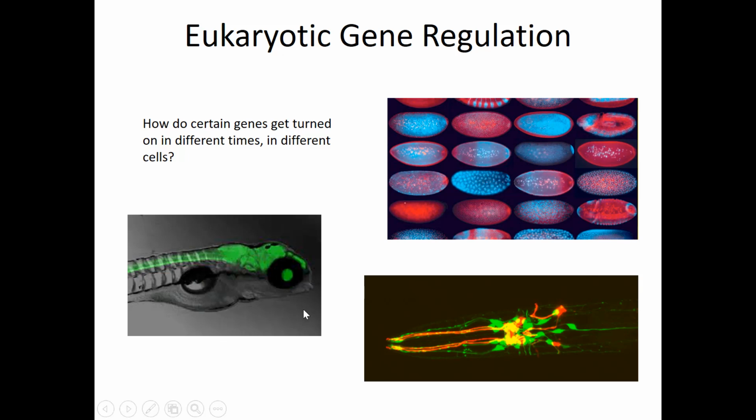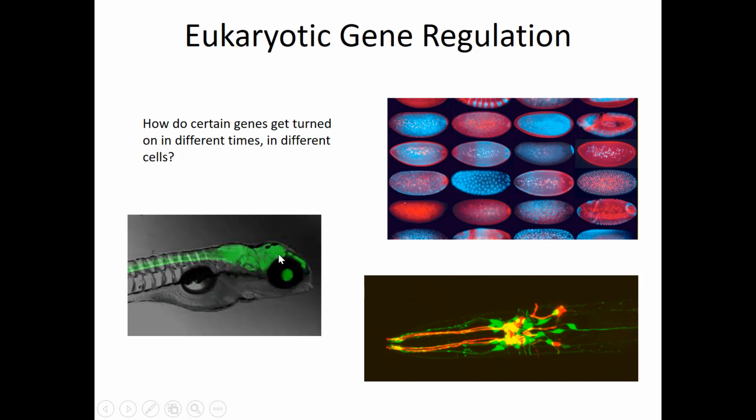Over here, you've got a zebrafish embryo, and you have green fluorescent protein here that is being expressed whenever the Hox gene PAX1 is being expressed, and PAX1 is a master control gene that helps to develop eyes and eye structure and neurons.